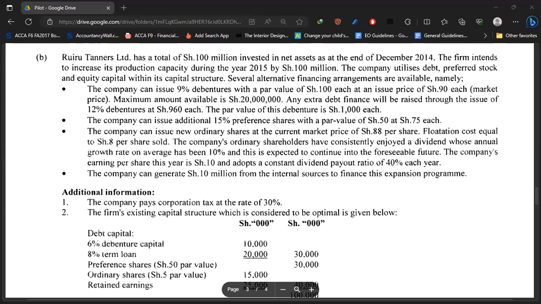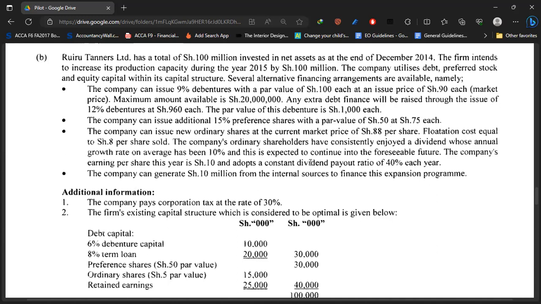Lowilton Limited has a total of 100 million shillings invested in net assets at the end of December 2014. The firm intended to increase its production capacity during the year 2015 by 100 million shillings. The company has debt, preferred stock, and equity capital within its capital structure.